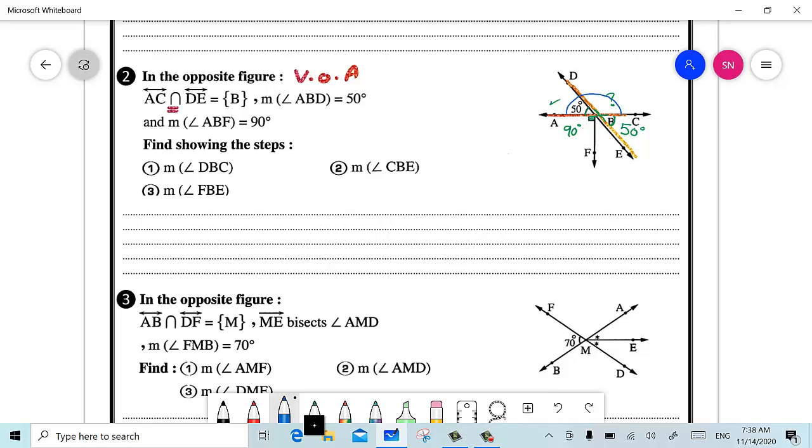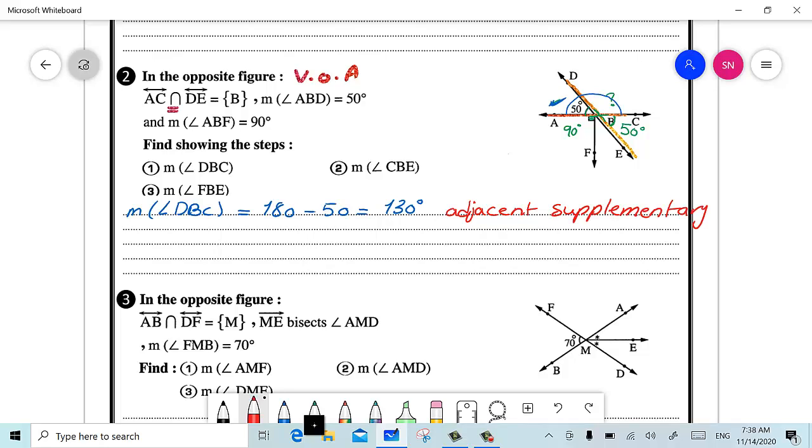I already have one of them to be 50 degrees. Can I find the other one? Yes. How can I find it? Simply measure of angle DBC is equal to 180 degrees minus the 50, which I'm already given, and I will have here 130 degrees. And don't forget to write the relation between the two angles. They are adjacent supplementary angles.